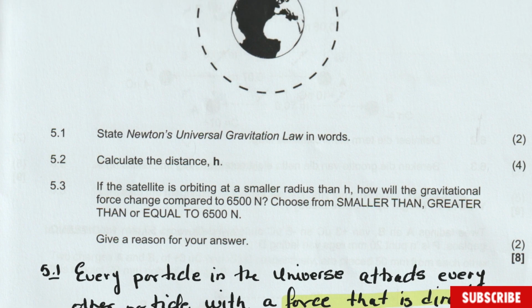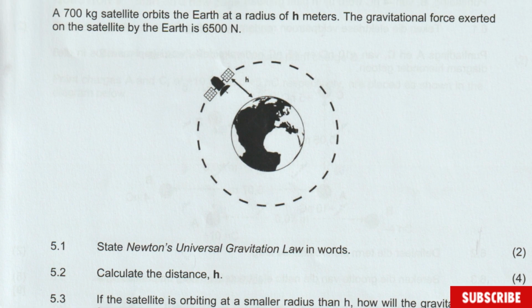Calculate the distance h from the satellite to the surface of the Earth. So to do this question, let's see the data we have. The mass of the satellite is equal to 700 kilograms.